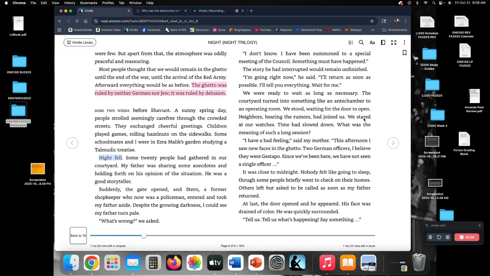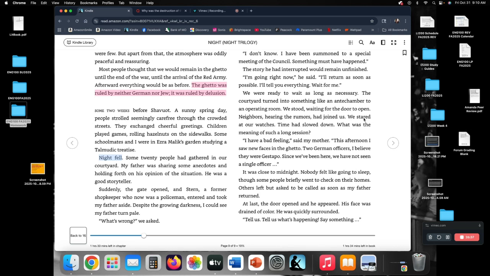So we go through, and the ghetto was ruled neither by German nor Jew, it was ruled by delusion. That plays into the symbol of the wall that I just went over, but it also means that in that moment, none of the characters matters. It places the emphasis on the reaction of the Jews.